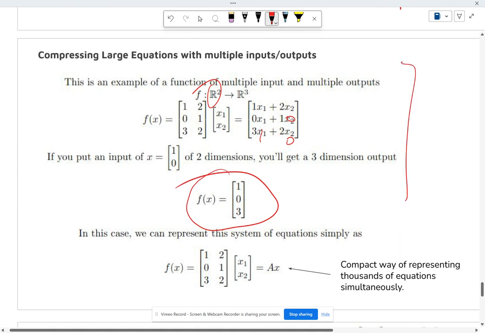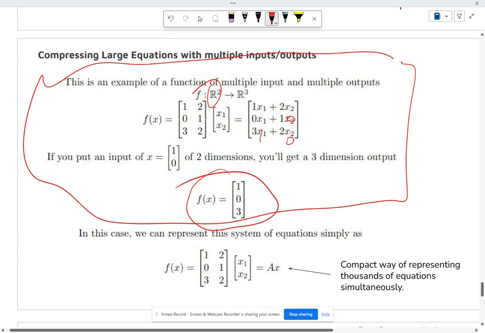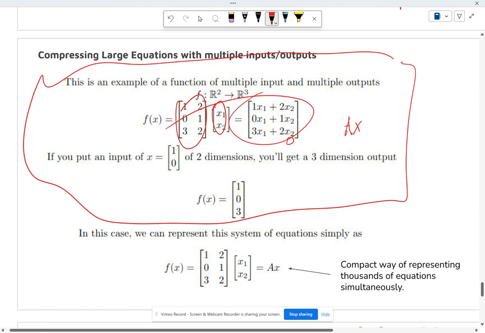So why is learning how to manipulate matrices useful? Well, it allows you to deal with an enormous amount of data variables as just A and x. Notice this is A and this is x. So instead of writing this whole thing, it's just so much easier to write f of x is equal to Ax.